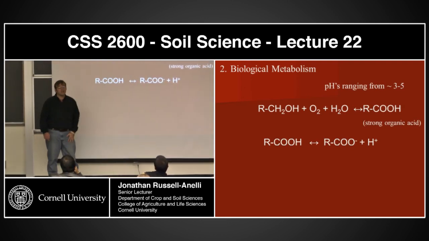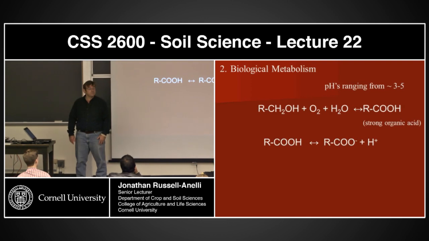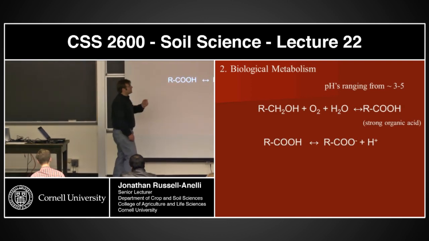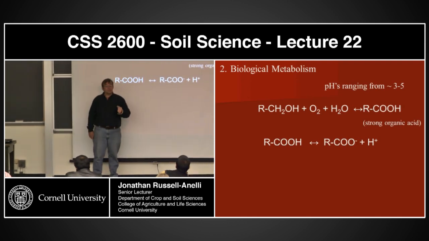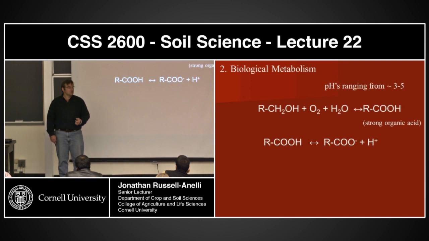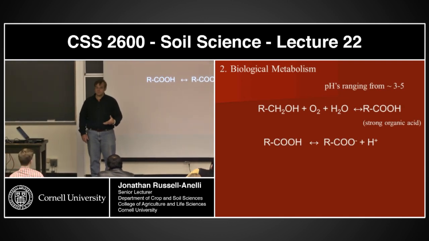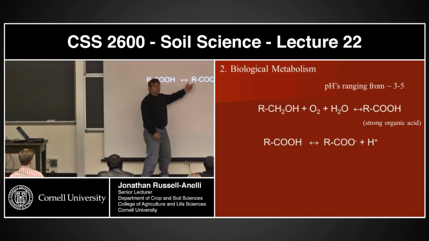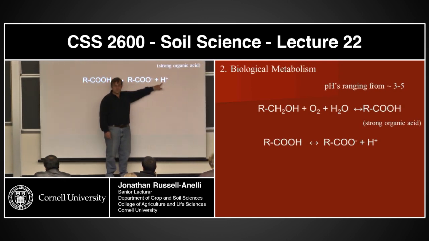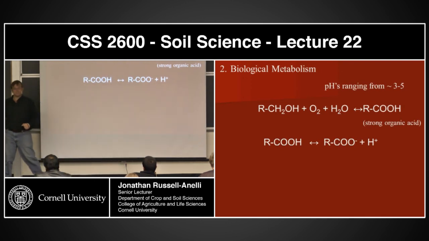Their pHs are ranging from around 3.5, a much stronger acid than the carbonic acid. What's going to happen when the microorganisms start decomposing, or the worms, or the termites start decomposing organic material in the soil? This stuff is going to go into solution, and I've now added another proton to my solution. I'm acidifying my soil. Make sense? Okay. Questions on this one?